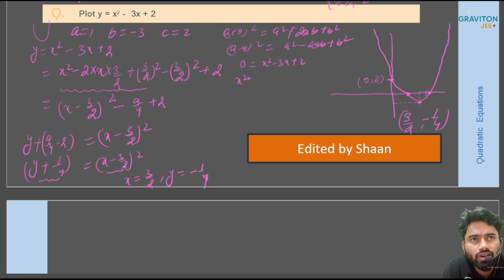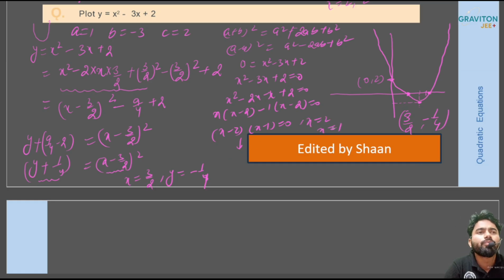So basically you will get x square minus 3x plus 2 equal to 0, and from here you will get x square minus 2x minus x plus 2 equal to 0. Take minus 1 common, you will get x minus 2 into x minus 1 equal to 0. From here you will get x equal to 2, x equal to 1. So it cuts the x-axis at x equal to 1 and x equal to 2, so 1 and 2 are the roots.